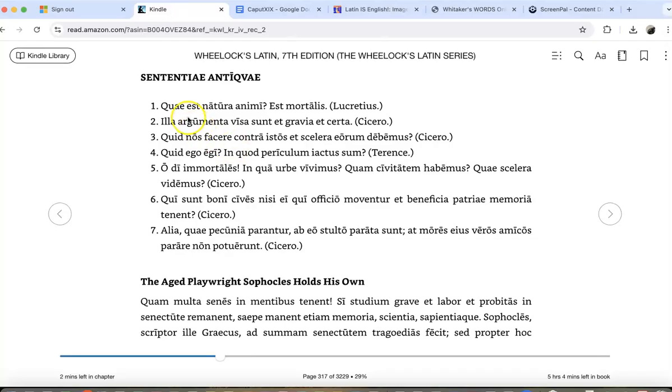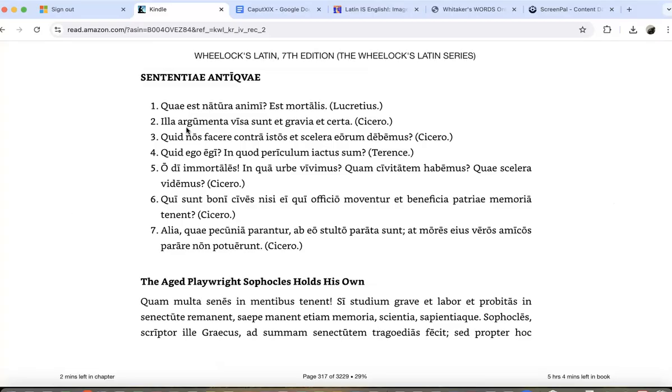One of the nice things about the Wheelocks is, these concepts can be very difficult, and they are difficult, but the sentences are very short, which should help us manage them in terms of understanding. So those arguments seemed, et means both and, gravia, serious, and certain, or if you want to say true, that's fine as well.